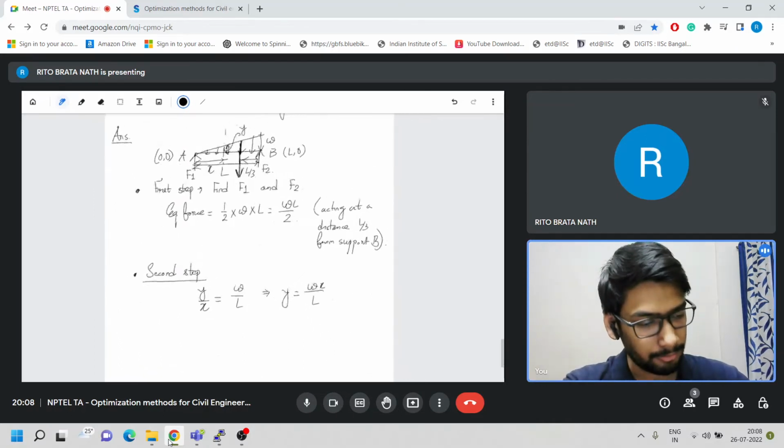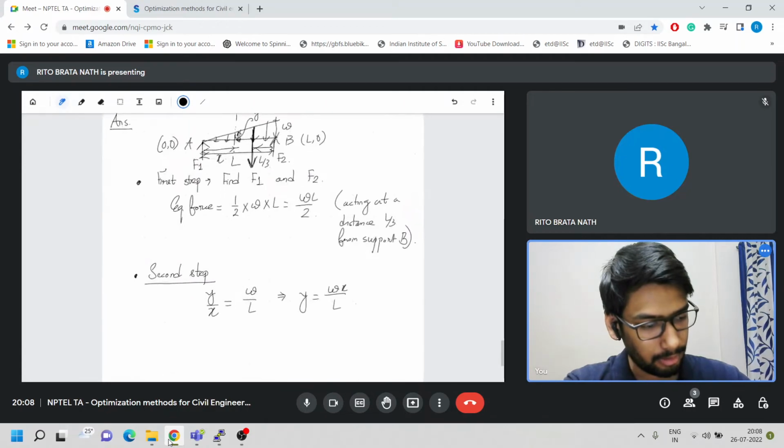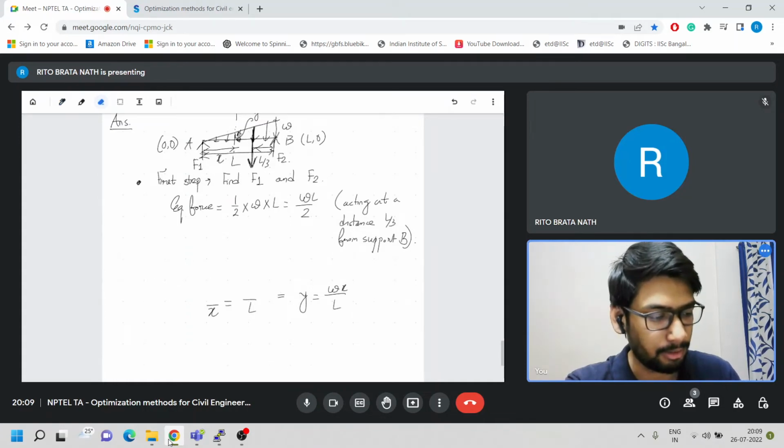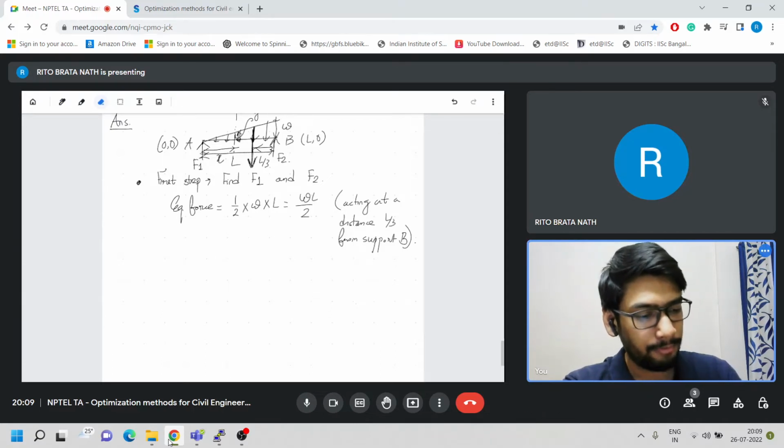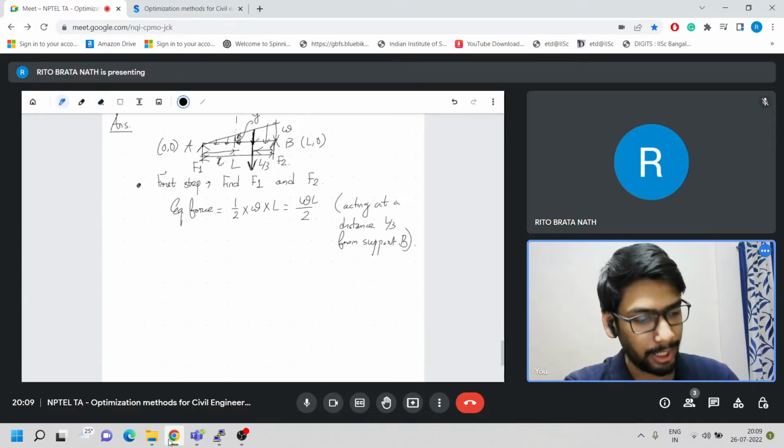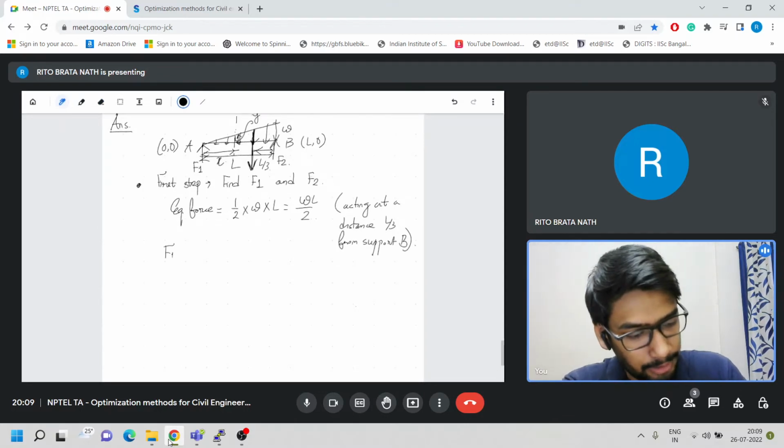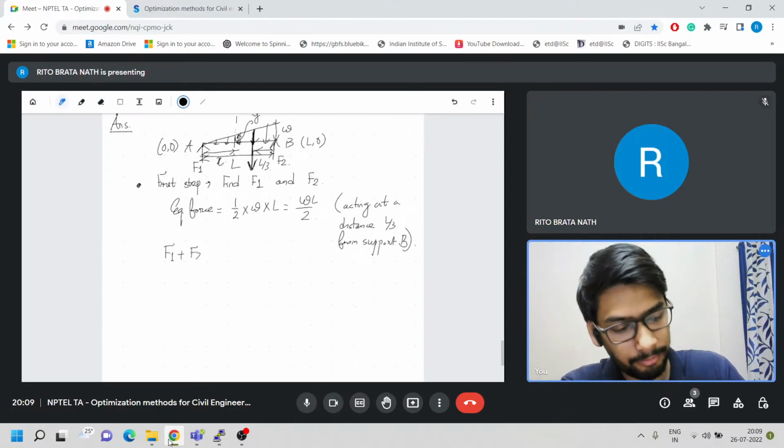Now, or I'm sorry, you still haven't found F1 and F2, so let me erase this and I'll come back to this again. So now you will have a couple of equations that you have to write. So one is that your F1 and F2 will balance this load.